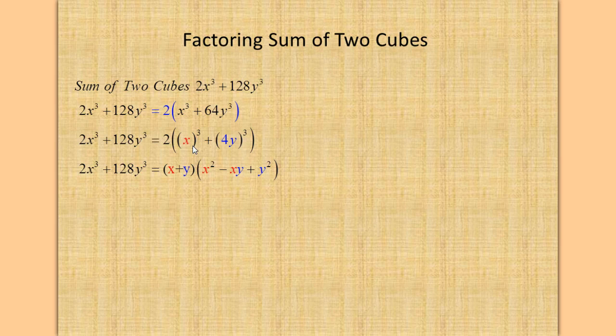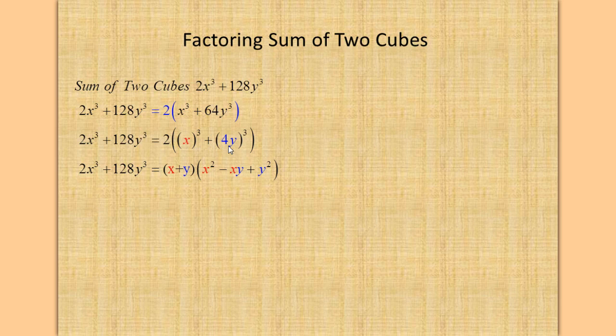What's the cube root of 64? That's 4, so 64y cubed is 4y cubed. 4 raised to the power of 3 is 64, and y raised to the power of 3 is y cubed.